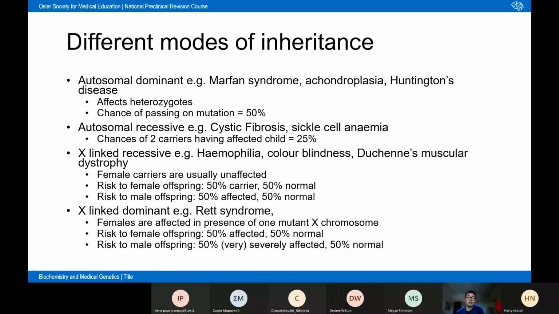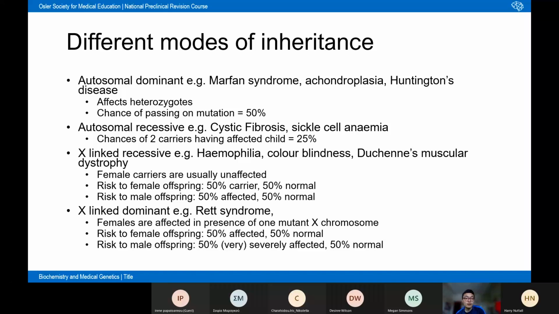The reason this is associated with autosomal recessive genetic conditions is because related partners are more likely to have mutations in the same gene. And in terms of the chances of 2 carriers having an affected child, that's 25%. If you draw your genetic plots, you can map that out, but hopefully you guys will be familiar with that.